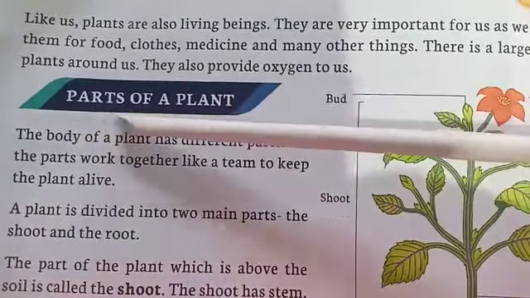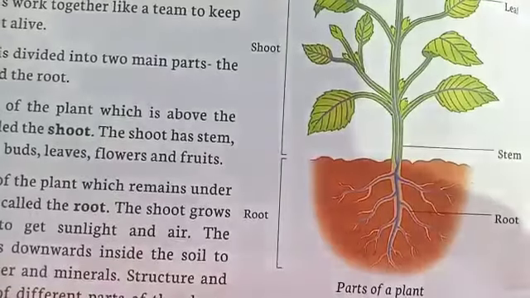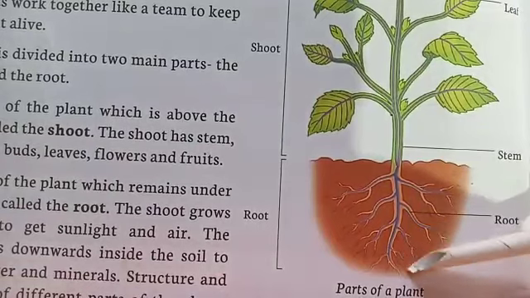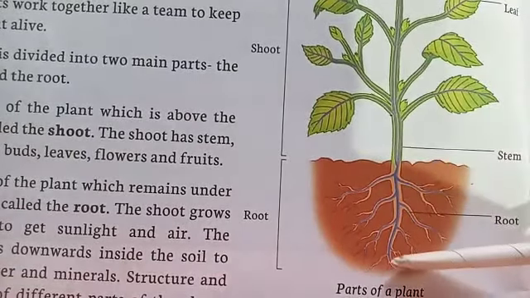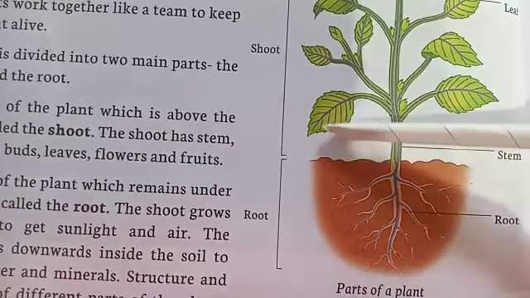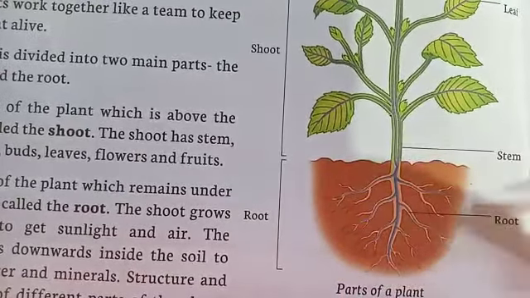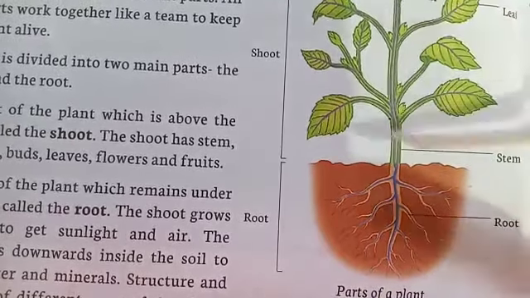Now, parts of a plant. You can see in the picture. Here it is shown parts of a plant. The part below the ground in the soil is the root, and above the soil is the shoot.